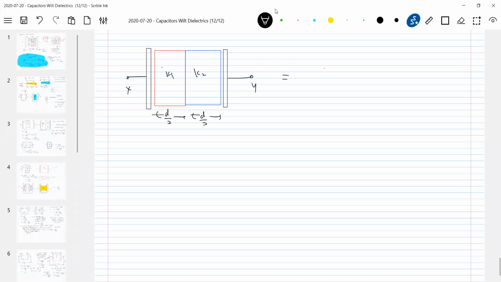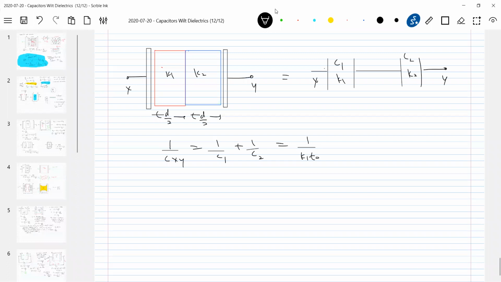So this is equivalent to two capacitors between x and y, C1, C2, with K1, K2. So how are they connected? In series. So then what we write is 1 by Cxy equal to 1 by C1 plus 1 by C2. This is equal to 1 by K1 epsilon naught A by d by 2, plus 1 by K2 epsilon naught A by d by 2.